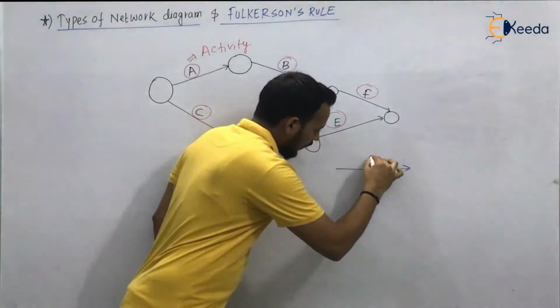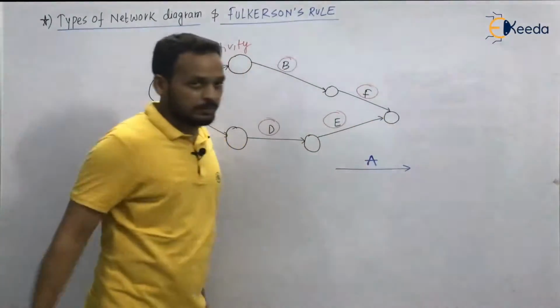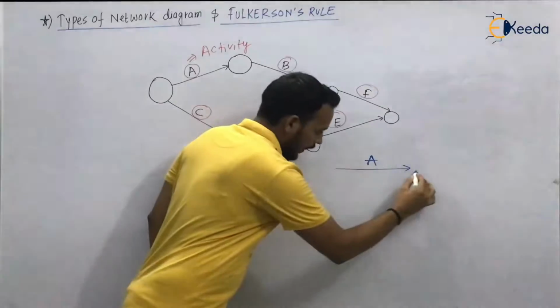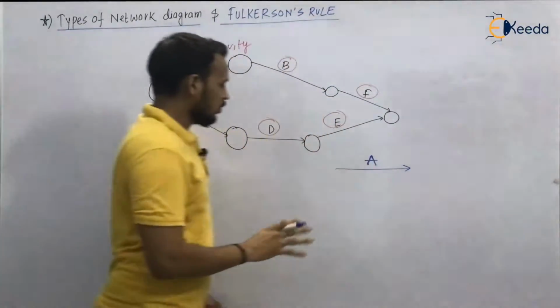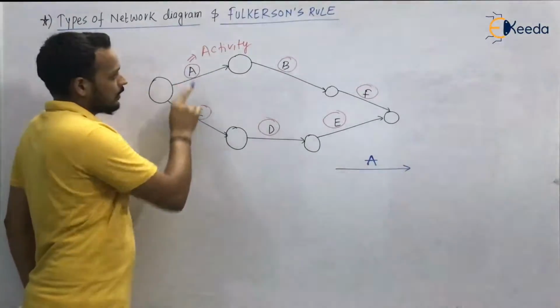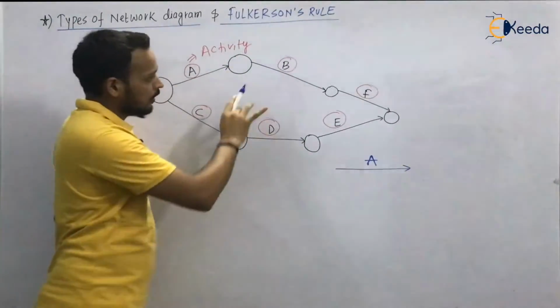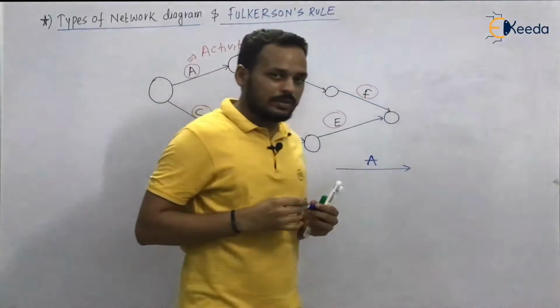Draw an arrow and write the activity above it. It was the first rule. So the alphabets written over the arrow represent activity.